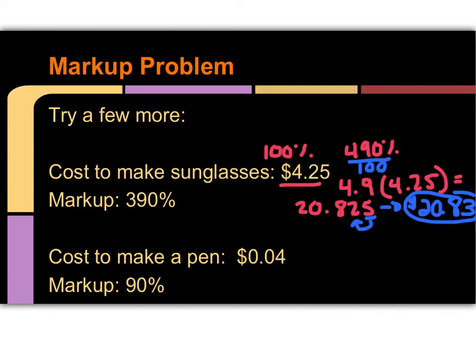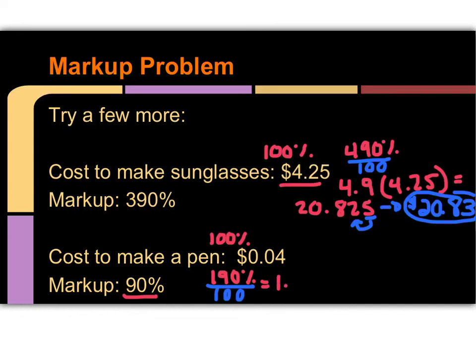For the last example, we have the cost to make a pen being 4 cents, and the markup's going to be 90%. Again, I have to pay 100% of the 4 cents it cost them to make it, but I'm also going to pay the 90% for a total of 190%. Convert to a decimal.